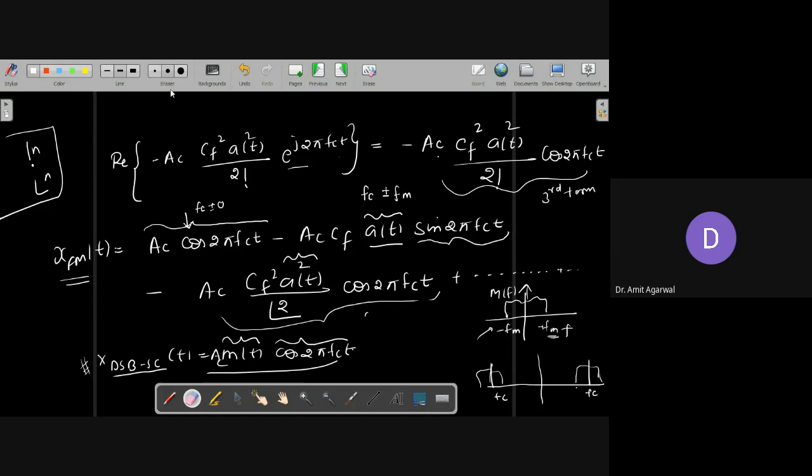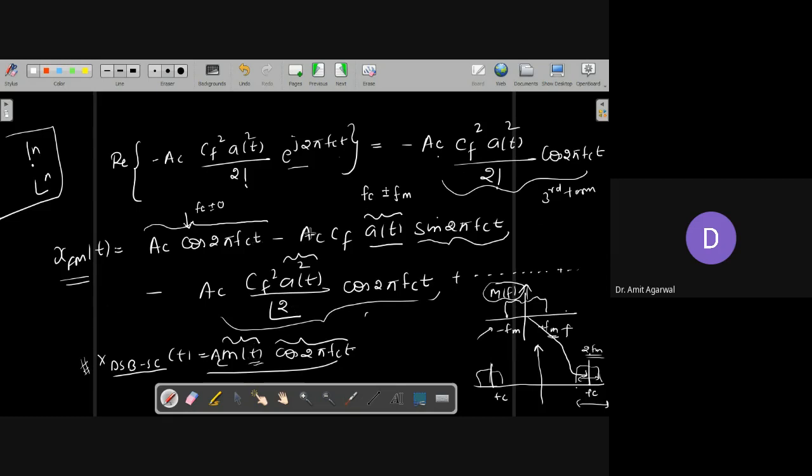It means that if the Fourier spectrum of m(t) is like this, then the spectrum of the DSBSC signal is a frequency shifted version of it. So for any DSBSC type signal, the signal component is centered around Fc and the width is 2 Fm, twice the maximum frequency component of m(t).